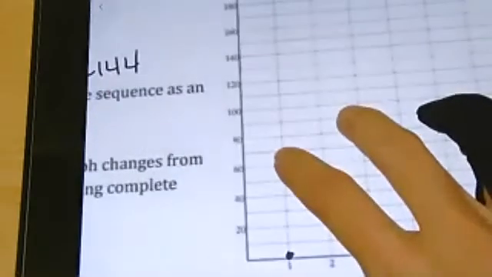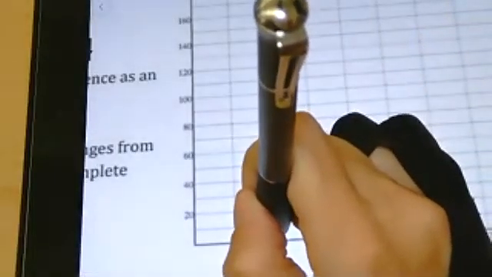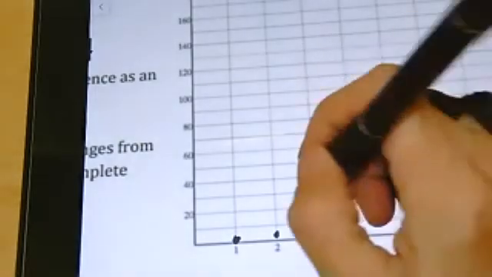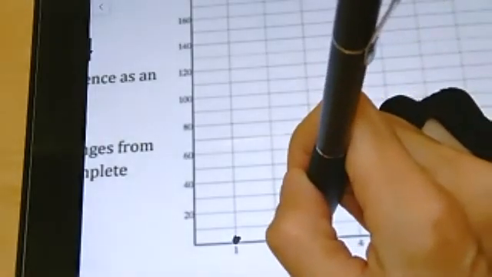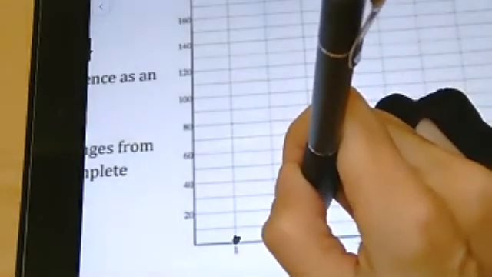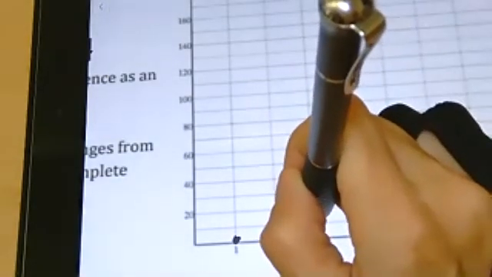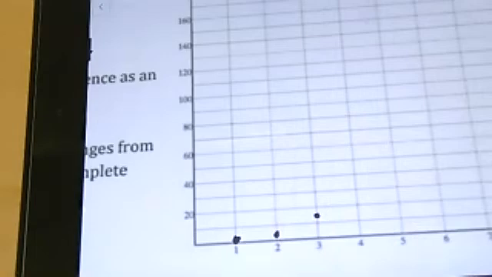Term 2 is 4. So term 2, there's 20, there's 10, there's 5. So close to 5 right there, a little bit higher. Term 3 is 16. There's 10, there's 20. So 16 is about halfway between 10 and 20, a little bit more than halfway, but estimating.